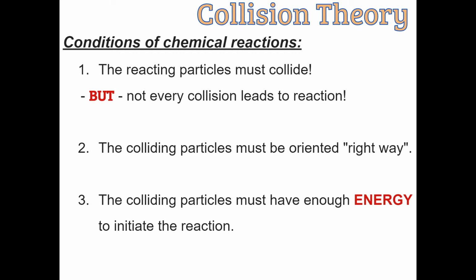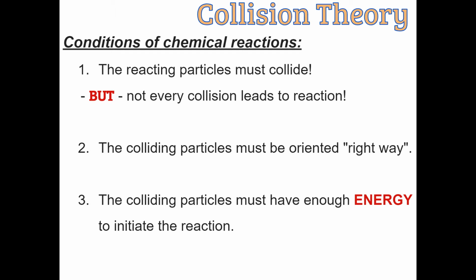So another thing that must be happening apart from the collision is that the collision between the reactants must happen at a particular orientation, a specific way. Sometimes we might have a collision between the reactants, but if the molecules during the reaction were angled not in the perfect way, not in the right way, that collision will not break the existing bonds of the reactants, and new bonds, the product, will not be formed as a result of it.